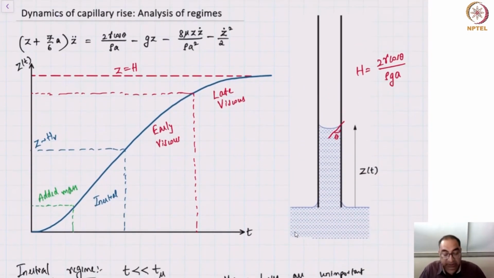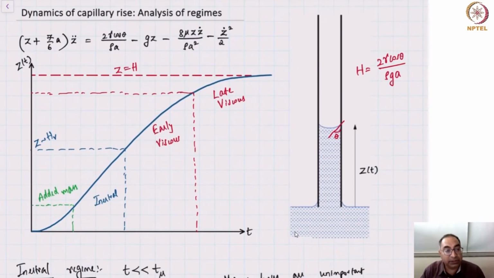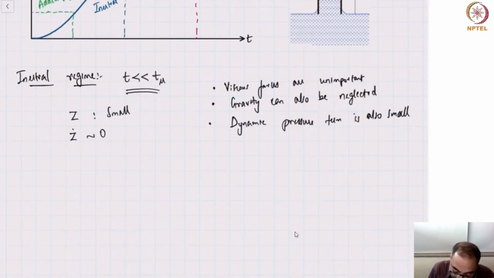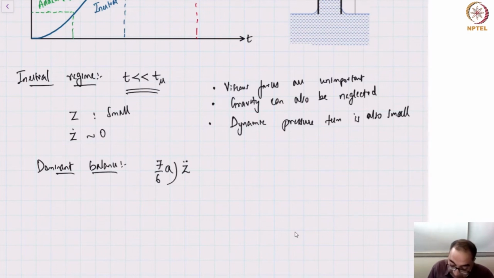Now let's look at this equation here. If you look at all the terms of this equation, z is small. When I say small, it is small compared to the second term, which is 7 by 6 a on the left hand side. So the dominant balance on the left hand side is 7 by 6 a times z double dot.